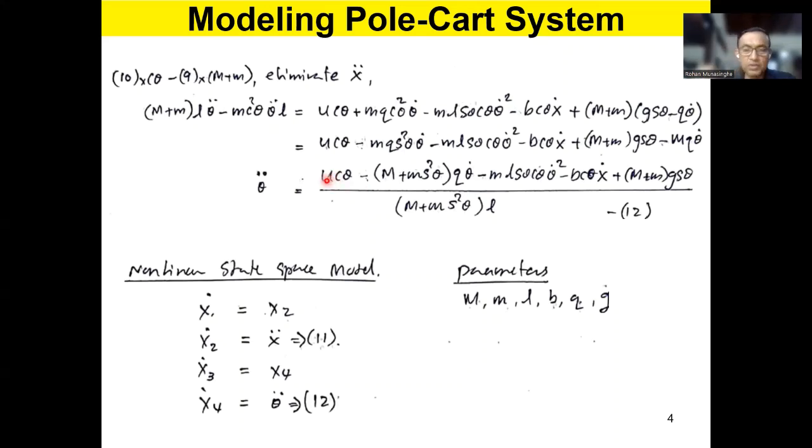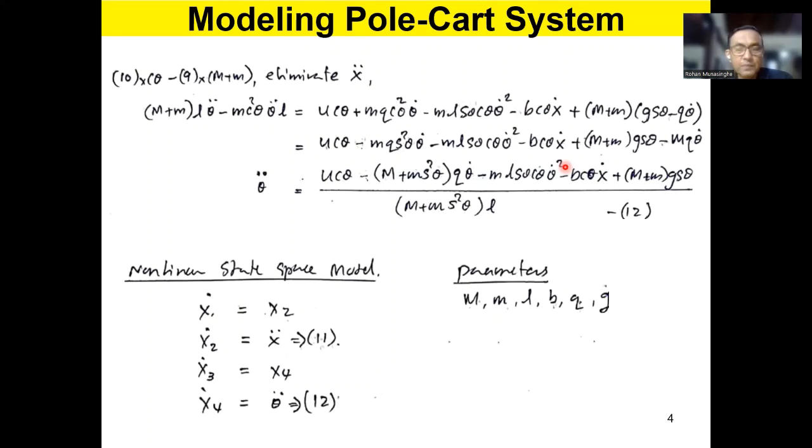U is the force on the cart. Theta dot, pole velocity. Theta, pole angle. X dot, cart velocity. It depends on so many things, and you see sines and cosines and squares. So it's a highly nonlinear plant.